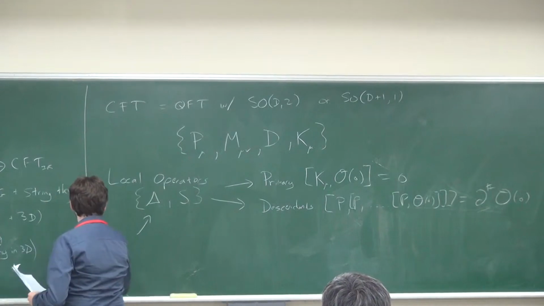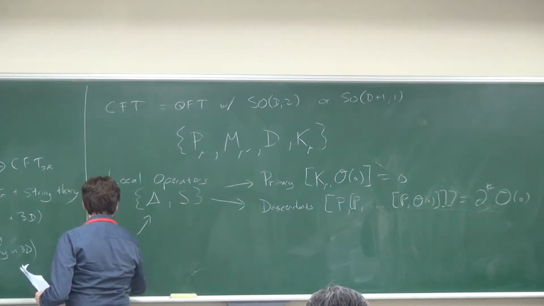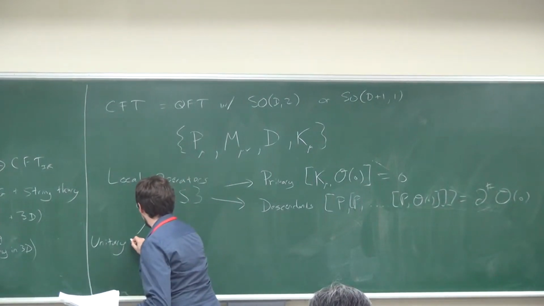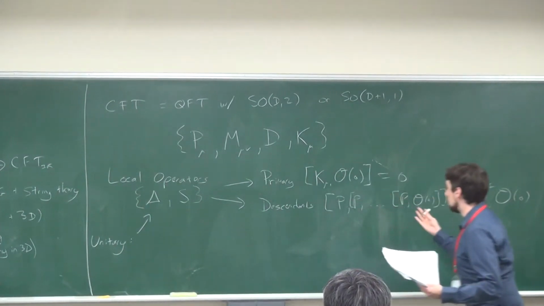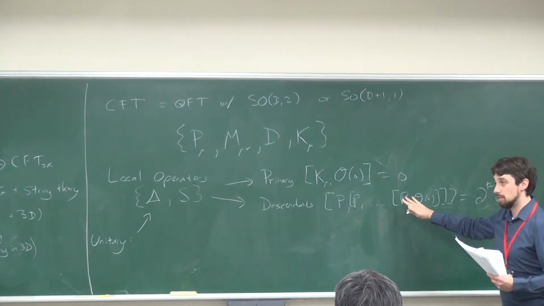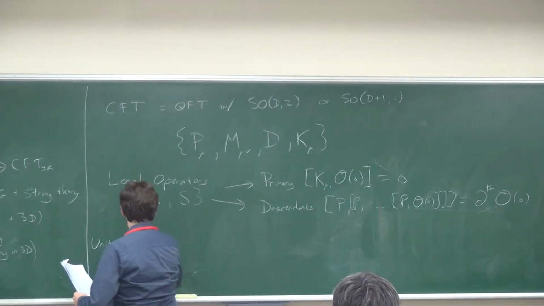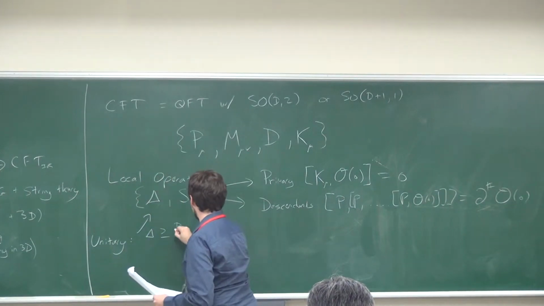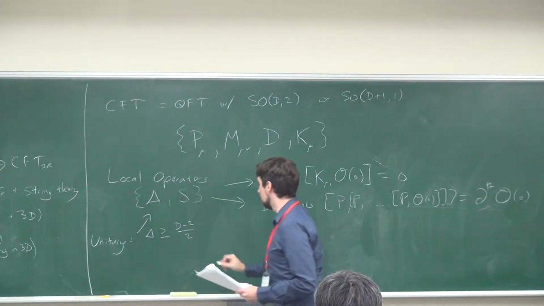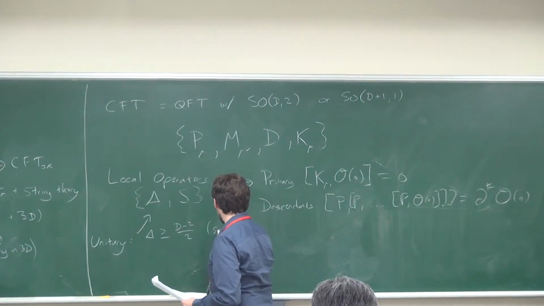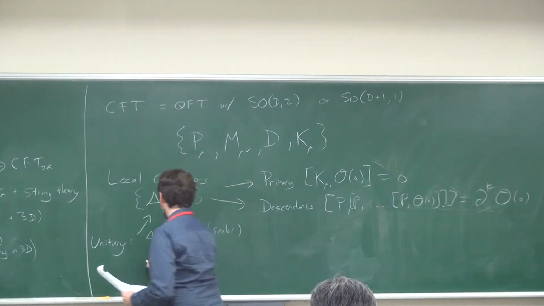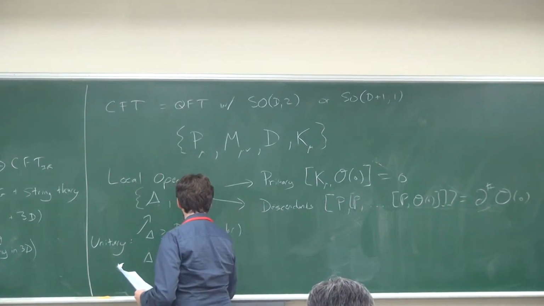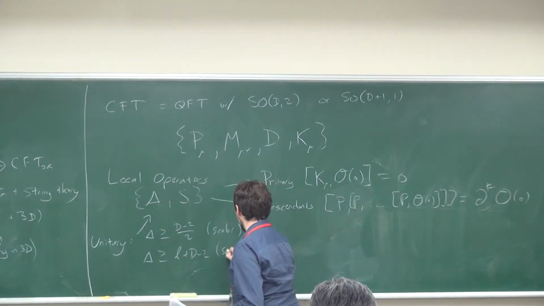So in unitary CFTs, you can, for example, require that all descendant states have a positive norm, and this forces the dimension to be greater than or equal to (d-2)/2 for scalar operators, and l + d - 2 for spin l operators.